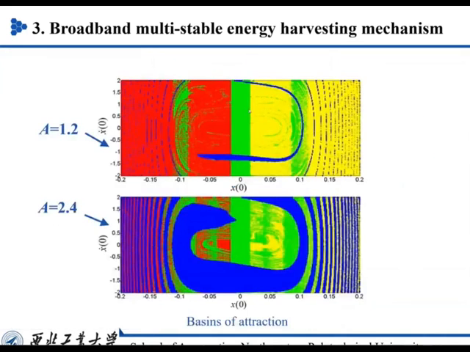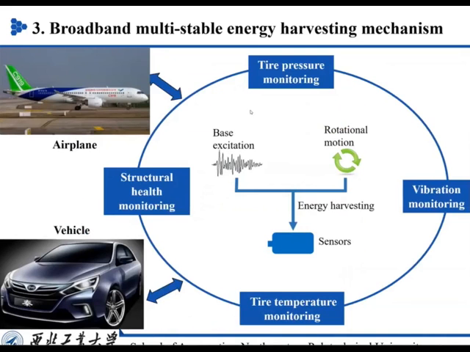Okay, for the application of the multistable energy harvesters, we want to use them to power sensors in airplanes and vehicle tires. Some sensors are used to monitor the tire temperature, vibration, and pressure. Okay, how to power them?